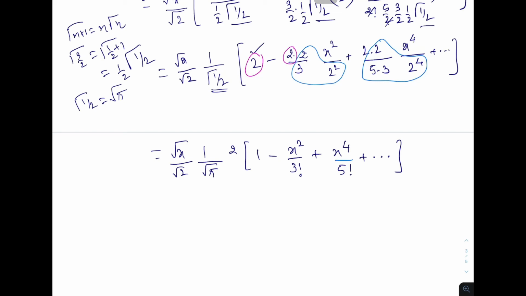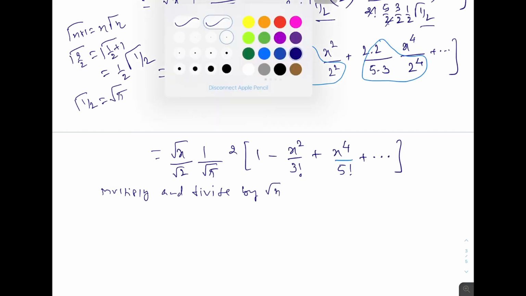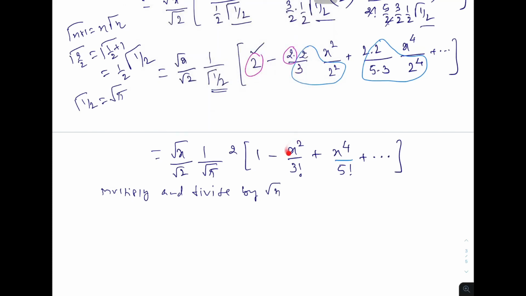Now let us multiply and divide by root x. Why? Because I want to make this x cube as x power 3, so I have to multiply by x, and already we are having root x, so let us multiply with root x here and divide by root x, so that will be x, and that x you can multiply over here.